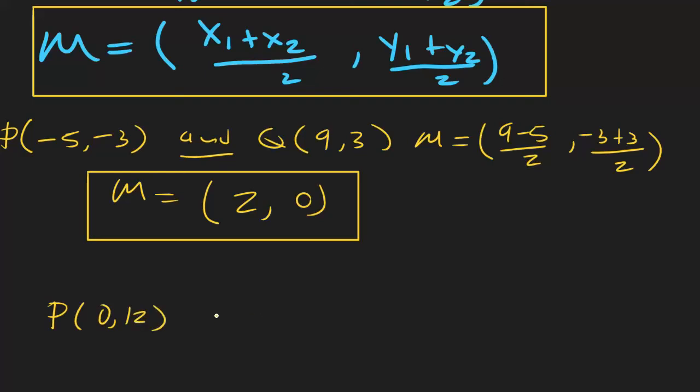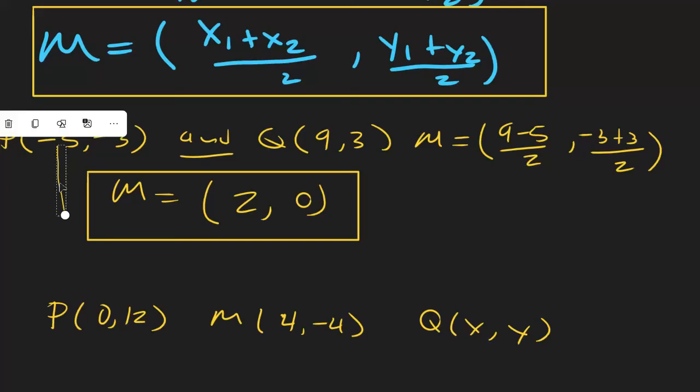If the midpoint is 4, negative 4, then that tells us the endpoint that we can call x, y. This is actually a very nice question, because we just need to use the formula, right?